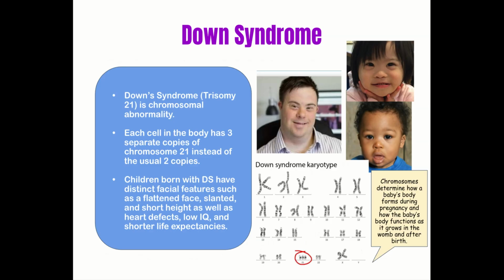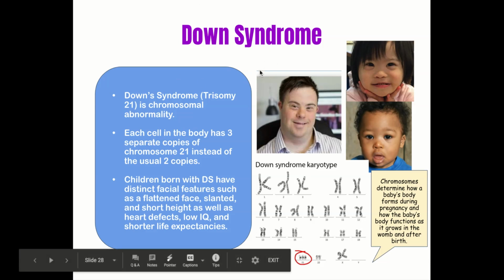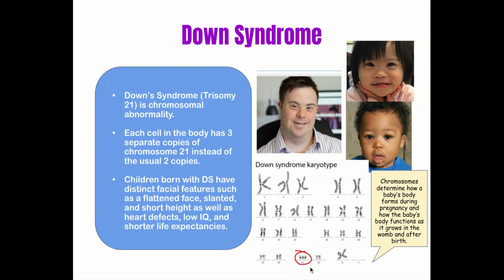But in some cases, a child can survive with an abnormal number of chromosomes, and one example is Down syndrome, and they only have one extra chromosome, and that's an extra chromosome 21. So instead of having two, they have three of chromosome 21. And that's called Down syndrome, aka trisomy 21.